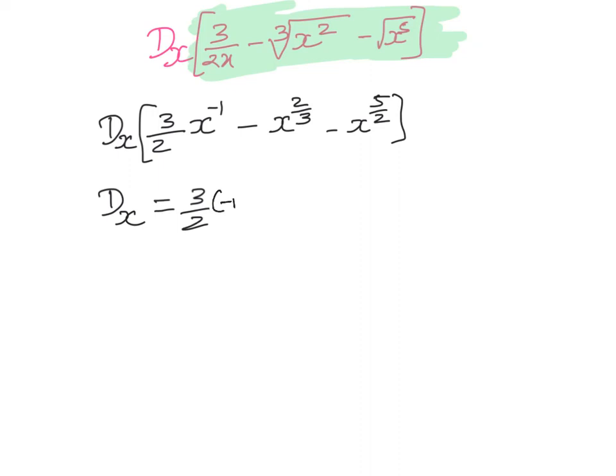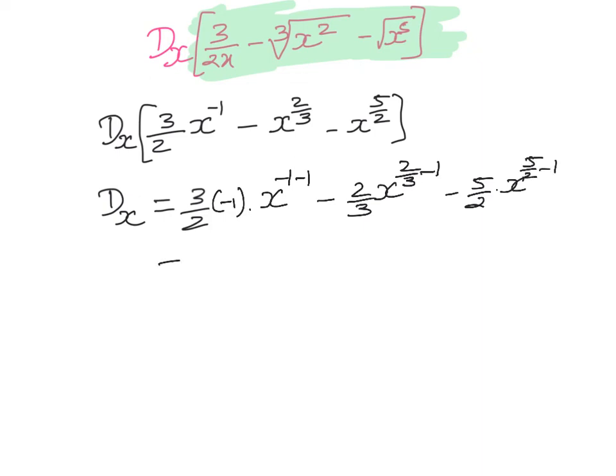So it's 3 over 2 times negative 1 x to the power of, I reduce the power by 1, minus 2 over 3 comes to the coefficient x to the power of 2 over 3 minus 1. Next is 5 over 2. The power is 5 over 2. I bring that 5 over 2 to the coefficient times 1. x to the power of 5 over 2 minus 1. Now my differentiation is over.